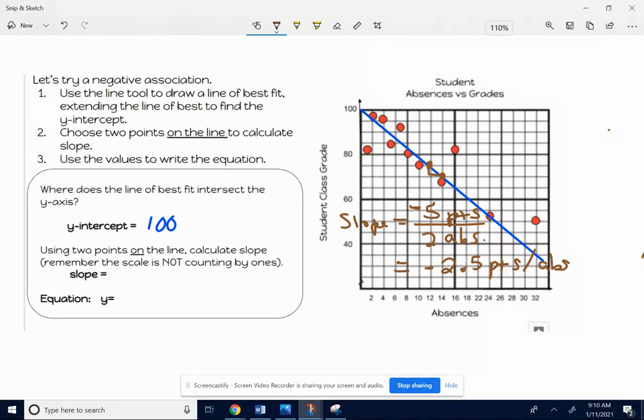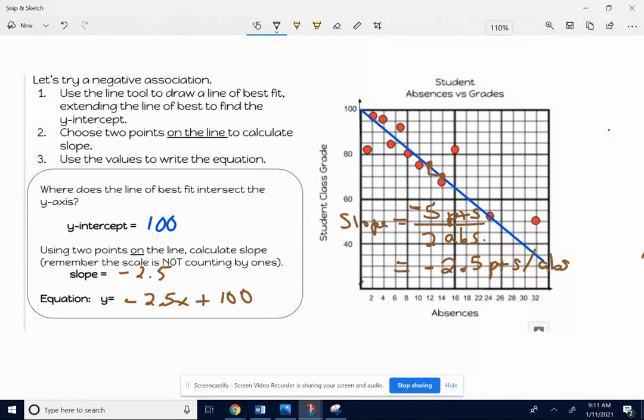So the slope is -2.5. To come up with your equation, you put the slope, the -2.5, in front of your x. You put the y-intercept, the initial amount, at the end after the plus sign. And we have y equals -2.5x plus 100.